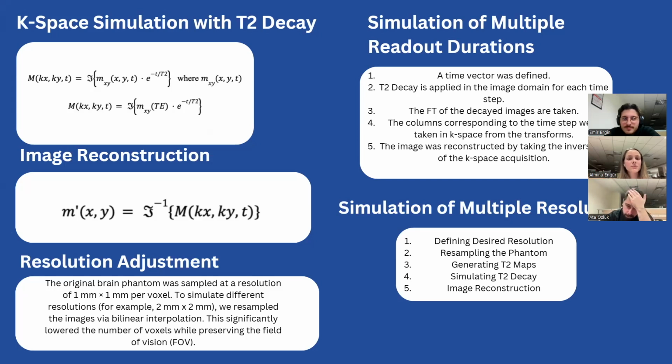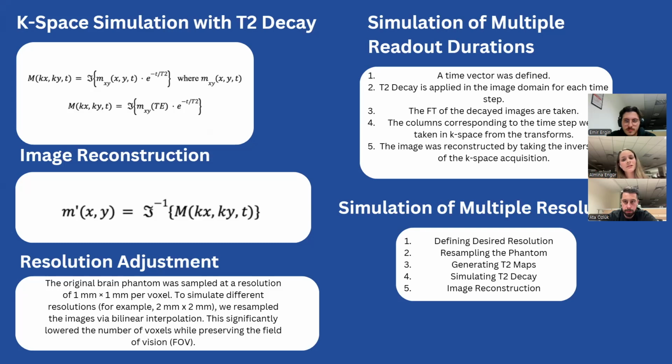For our resolution, the original brain image was sampled at a resolution of 1 by 1 millimeter, and to simulate different resolutions, we resampled the images using bilinear interpolation. For the simulation of multiple readout durations, for each readout value, a time vector was defined, and T2 decay is applied in the time domain for each time step. The Fourier transform of the decayed images is taken.